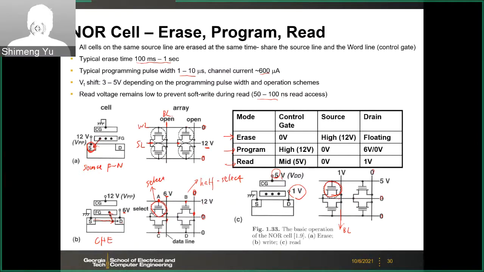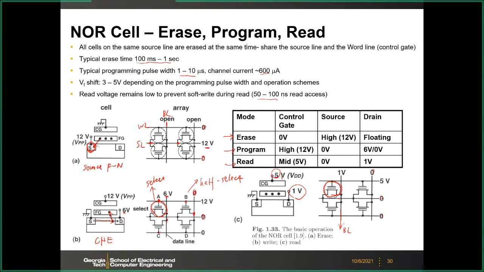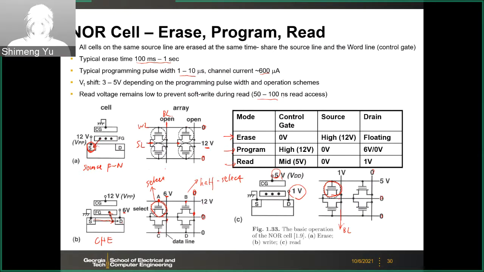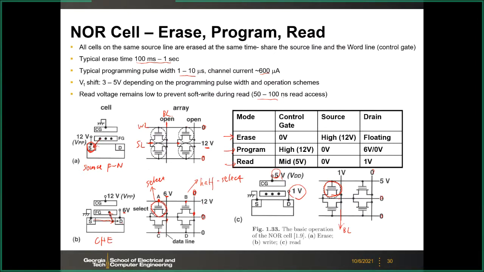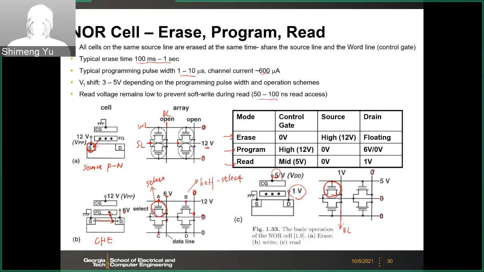So you want to do individual erase. You want to have the bit line at high voltage and the source line at ground. But the bit line is still shared along this column, right? So basically this whole column will be erased together.